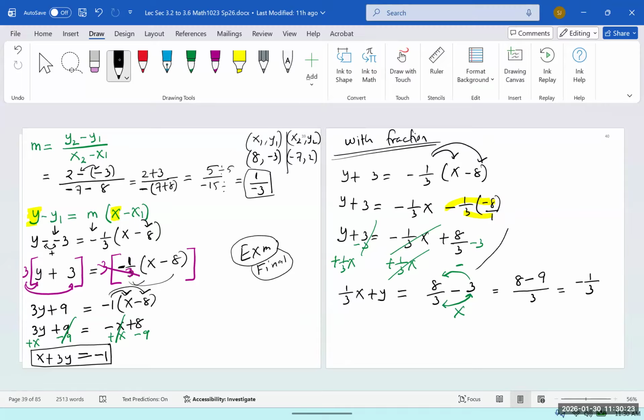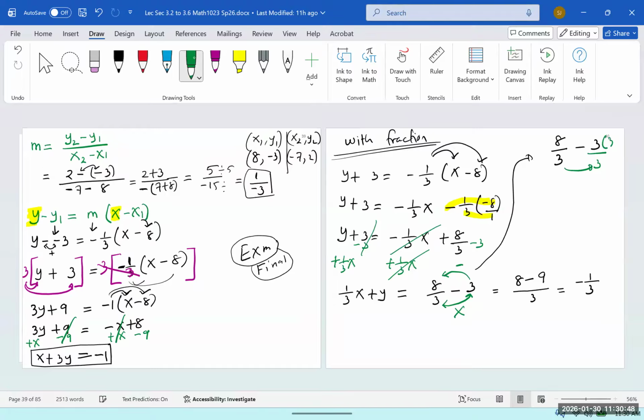And if you're not used to the shortcut, let me show you the detailed method to combine fractions. We have 8/3 minus 3. In order to combine a fraction with a non-fraction, you need to have the same denominator below this 3. But you cannot randomly just put the 3 below 3 because there wasn't any 3 at the beginning.